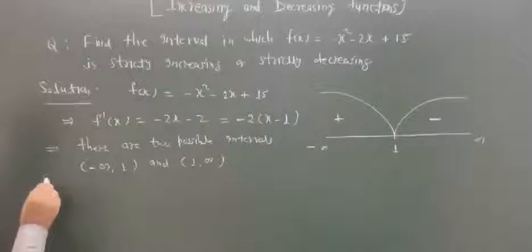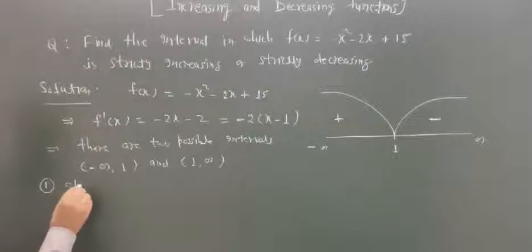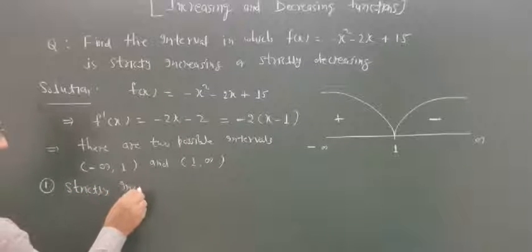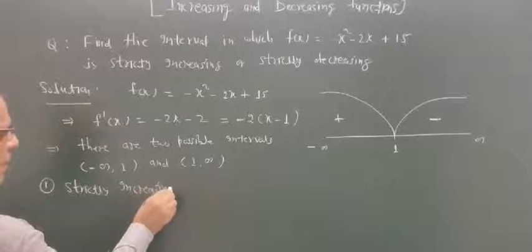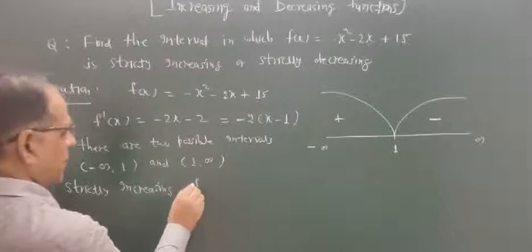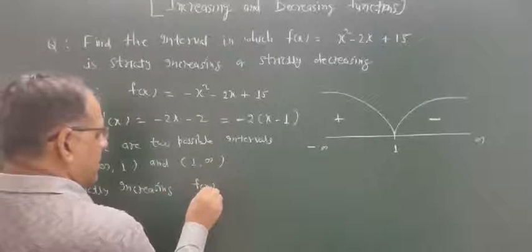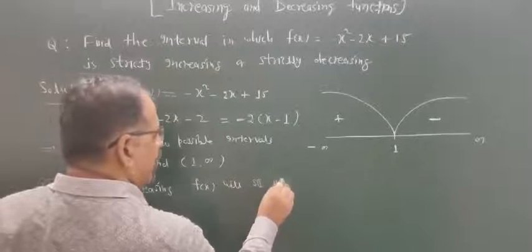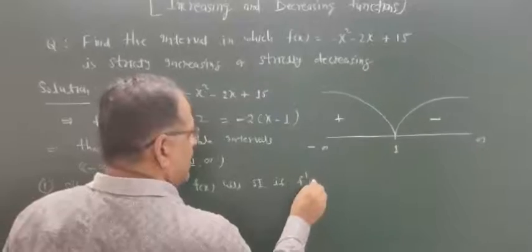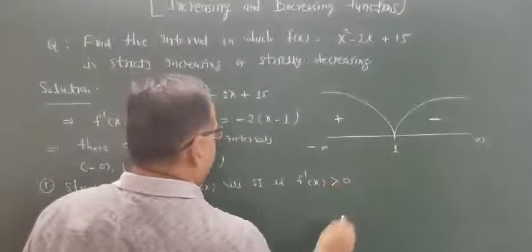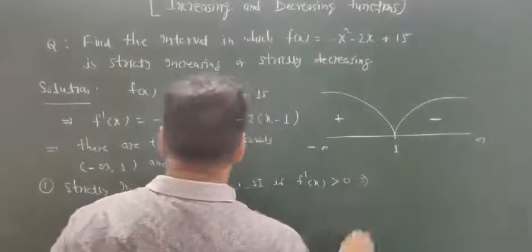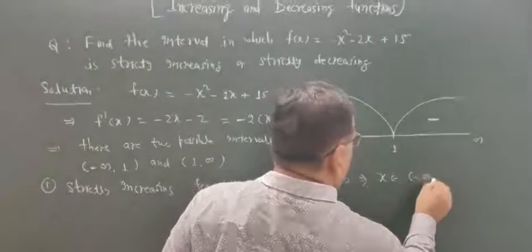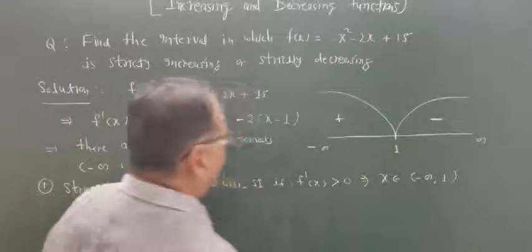So first condition, strictly increasing. f(x) will strictly increase if f dash x is greater than 0, and this is possible when x belongs to the open interval minus infinity to 1.